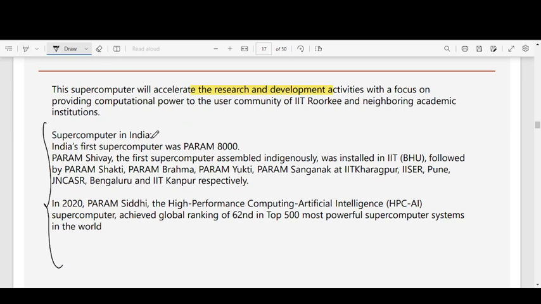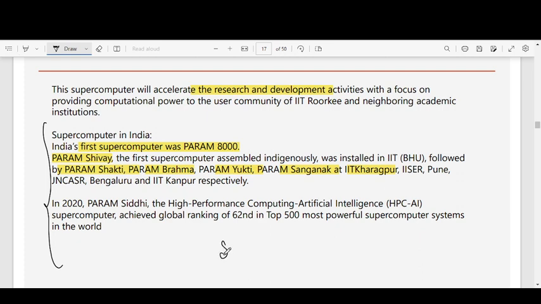India's first supercomputer was Param 8000, which I have already told you in the starting. Param Shivai, IIT BHU, Param Shakti, Param Brahma, Param Yukti, Param Sangnak.